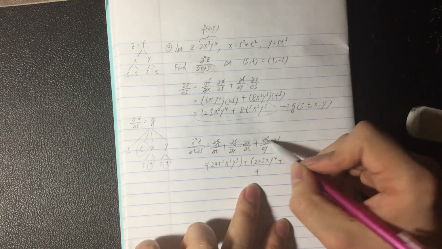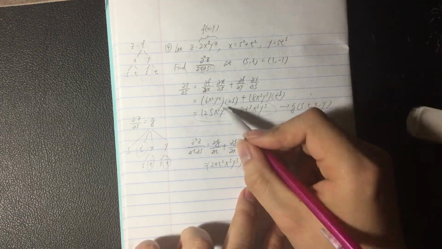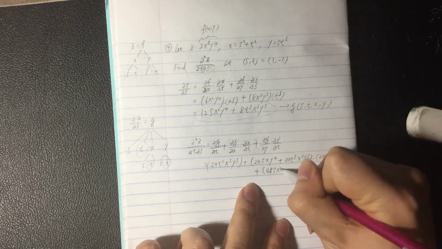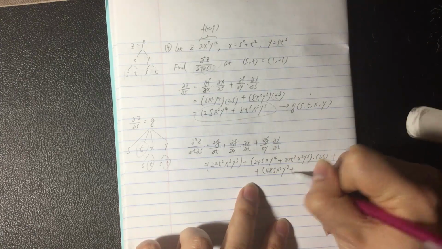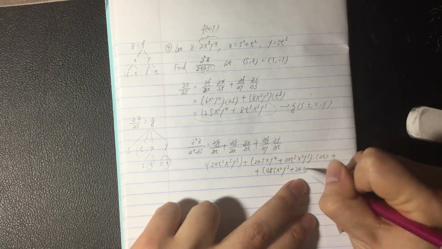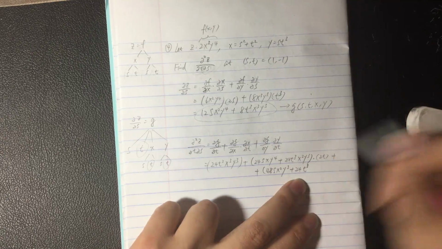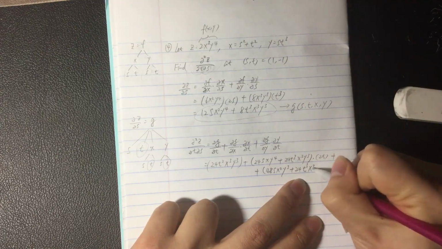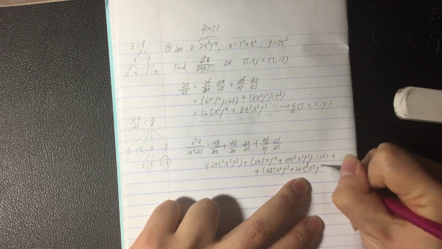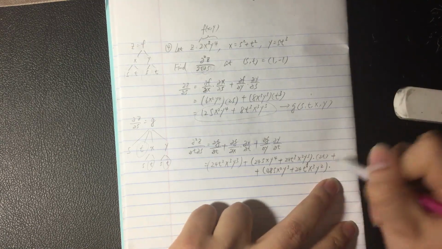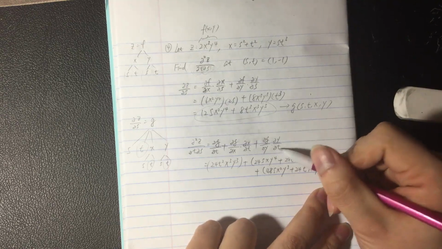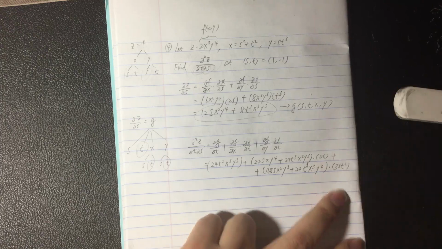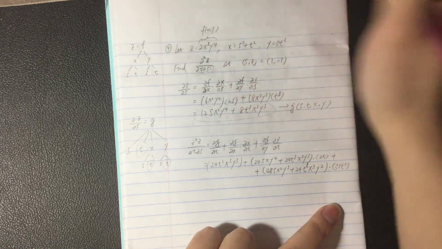Take partial derivative with respect to y. I have 48 s x squared y cubed plus 24 t cubed s cubed y squared times delta y over delta t, that's 3s t squared. Then plug in the values.